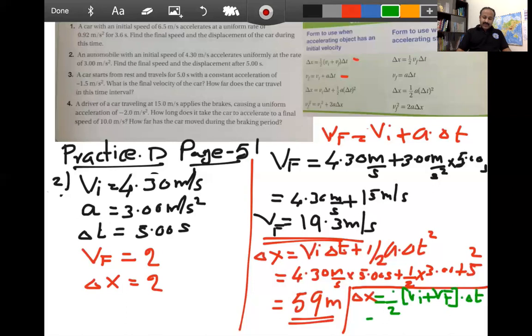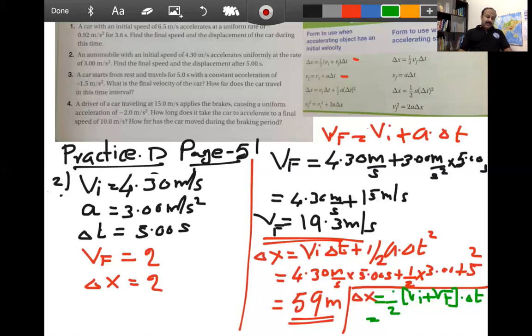If you try this equation, this also will give you the same answer. You can just try it. Okay, Vi is 4.3 plus Vf is 19.3 divided by 2 is 11.8 times delta t. Delta t is 5. See, that also gives you 59. Okay, so that's the answer for number 2.